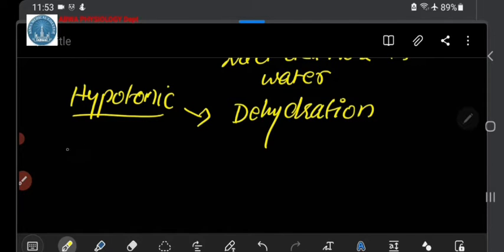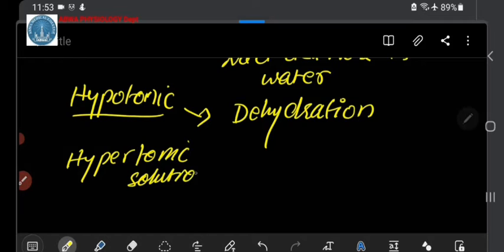And hypertonic solution. Hypertonic solution is mainly used to treat cerebral edema.